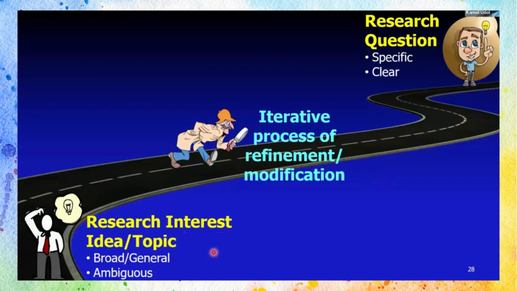You have your interest, you have your initial question that might still be broad, too general, or ambiguous. You review literature, you gain more knowledge, you gain more information. You consult with your mentor. You discuss your idea with your friends, your colleagues. You get additional input from this process. Then you refine your question, make it more specific, more clear, and eventually you will get your research question.